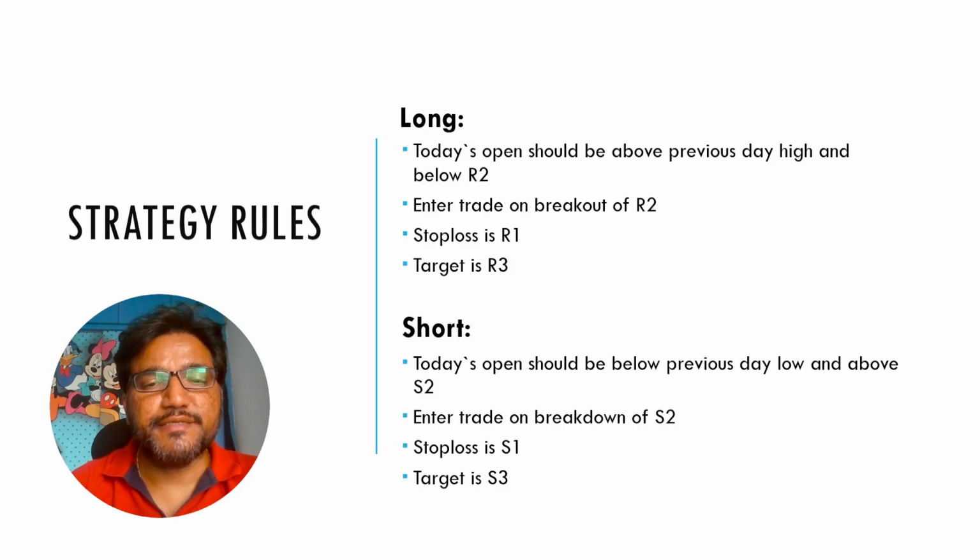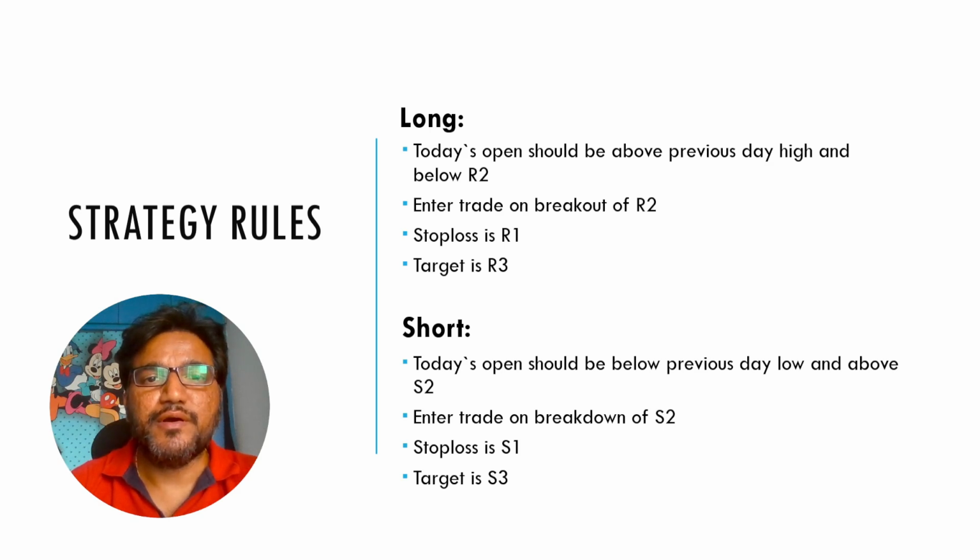Let's discuss the strategy rules. Do you know there can be many variations of this strategy? One can enter at one line with a stop loss at the line below or above, and similarly with different targets. So these are the rules that I have coded in this video, and we're going to backtest based on these rules.